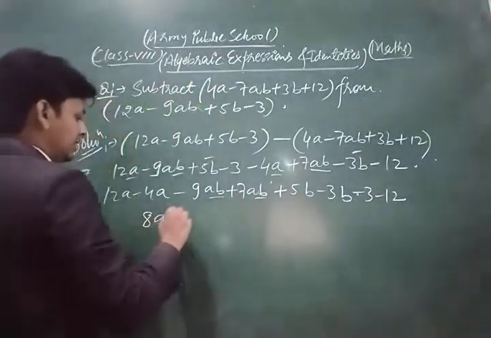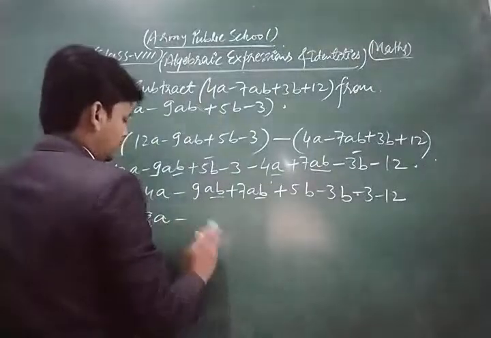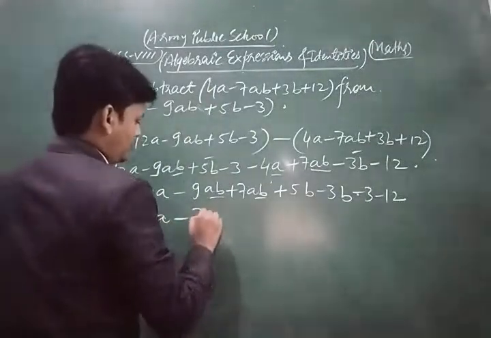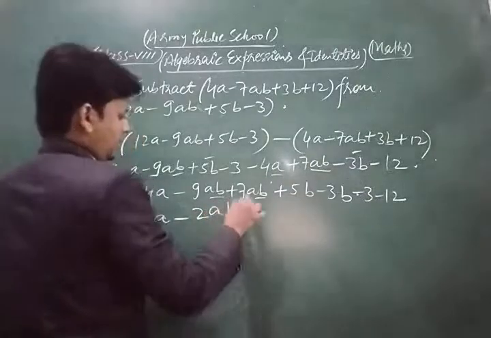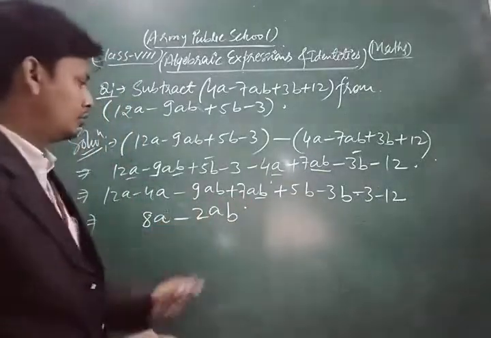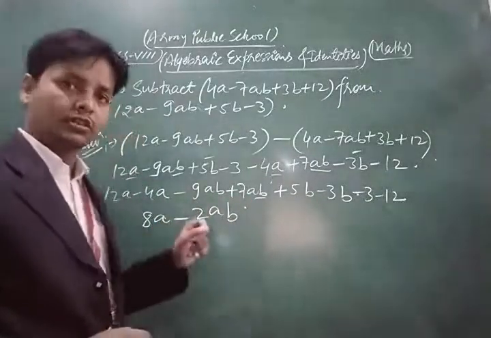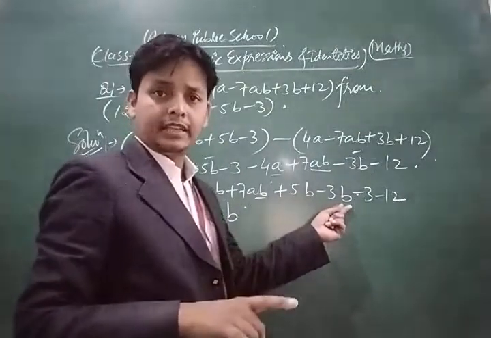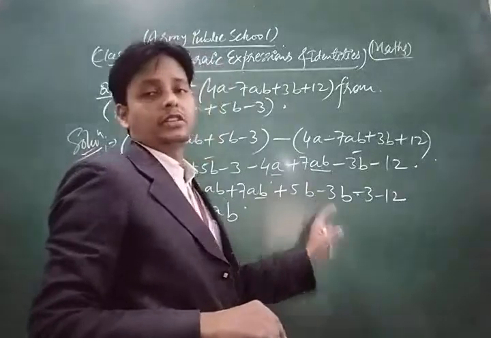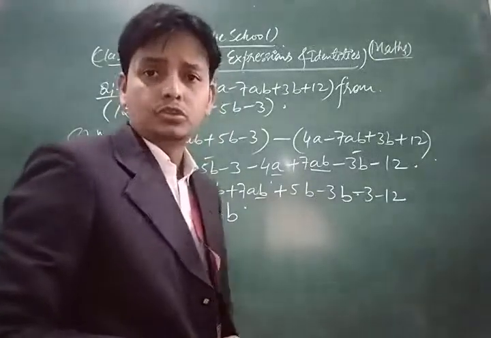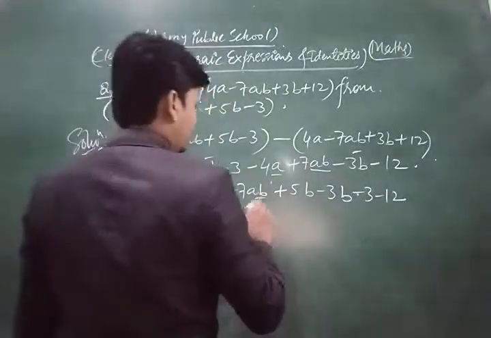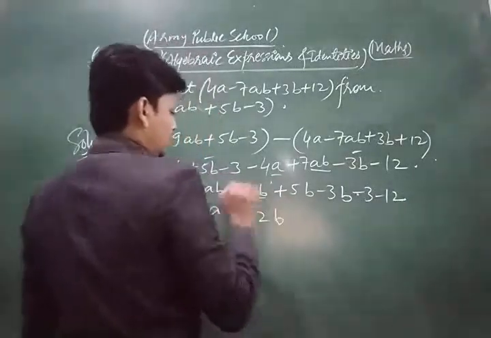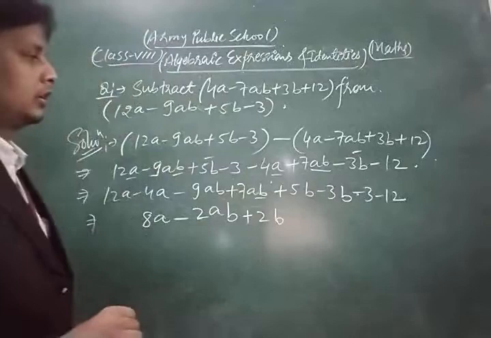Now this is b and this is also b, both are like terms. So plus 5 and minus 3 gives plus 2b.